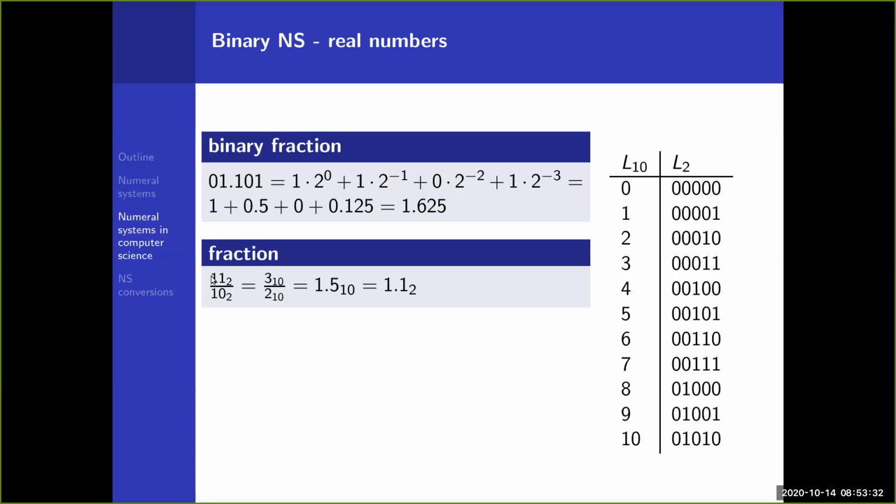We can convert the numerator and denominator into decimal values, because it's easier for us as humans to cope with decimal values, and then convert the result into binary form.